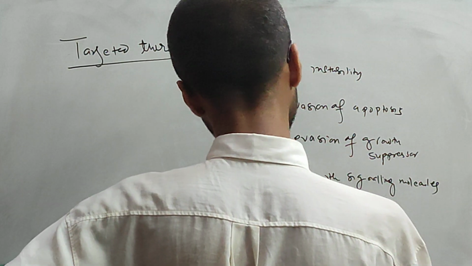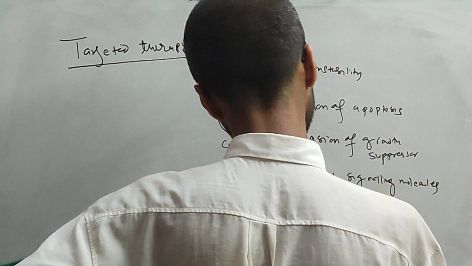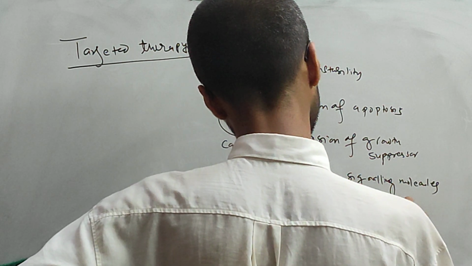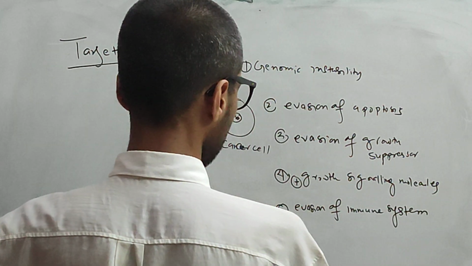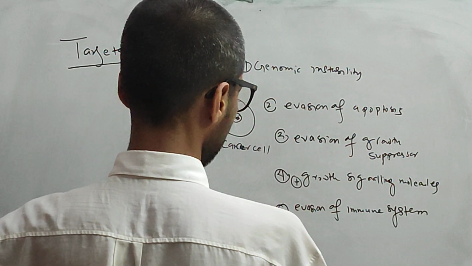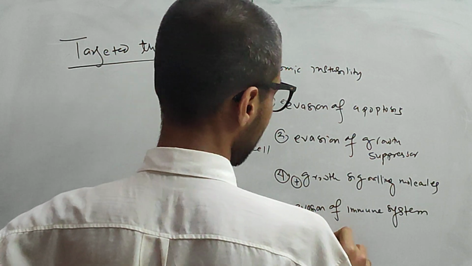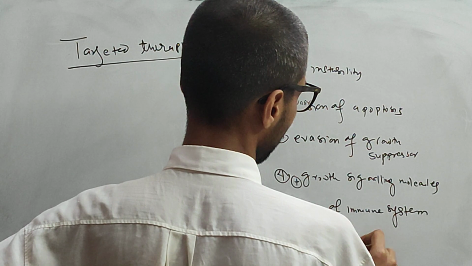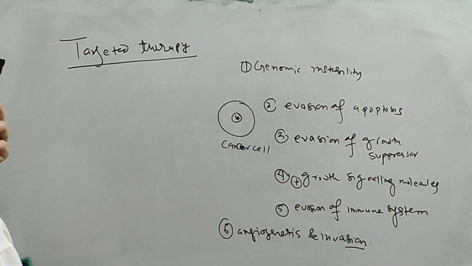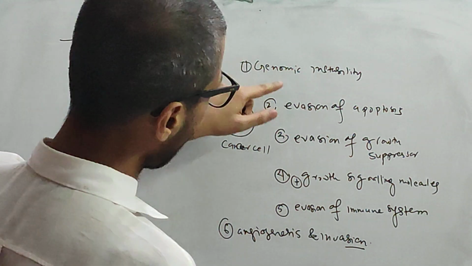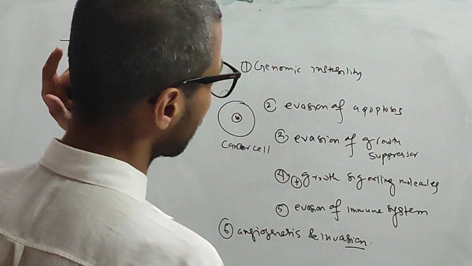Fifth is evasion of the immune system, because the immune system tries to eliminate the cancer cell. Sixth is angiogenesis and invasion. So you see there are a variety of steps that promote the growth of cancer cells.